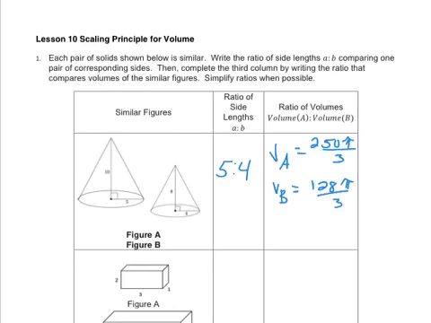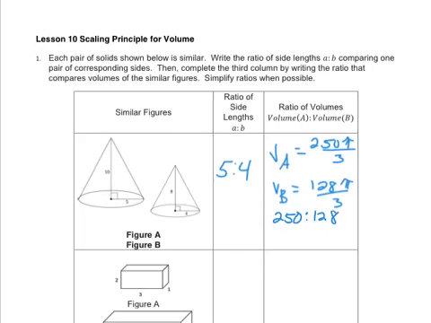So if I were to take the ratios, they both have pi in them, and they both are divided by 3. So when I take the ratios, the things in common are going to divide away. So in essence, the ratio from big to little is 250 to 128.